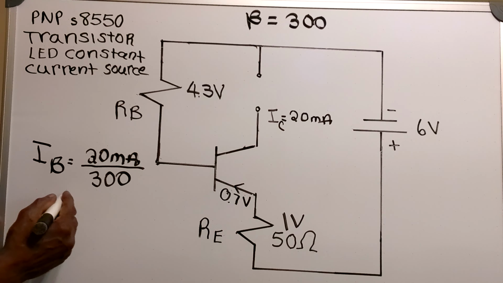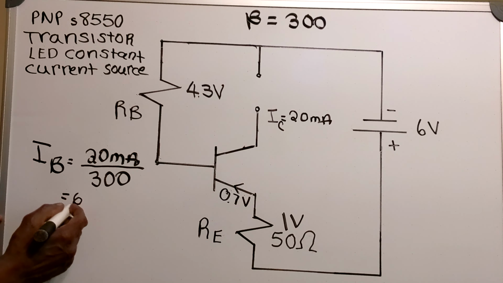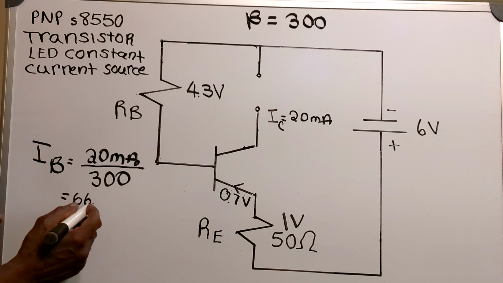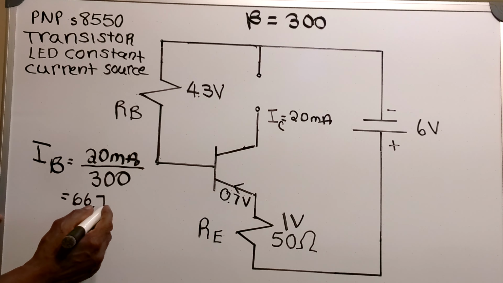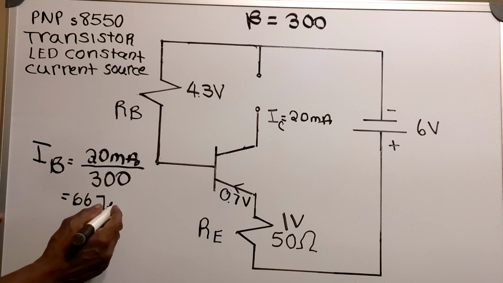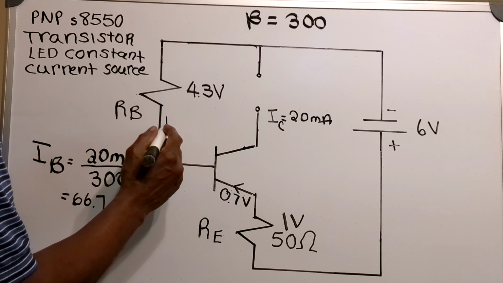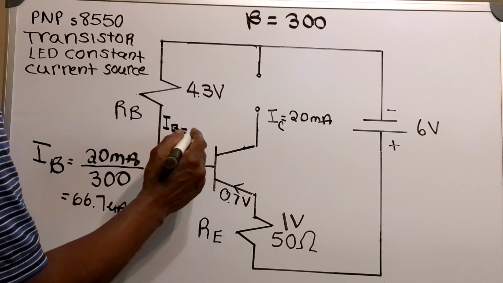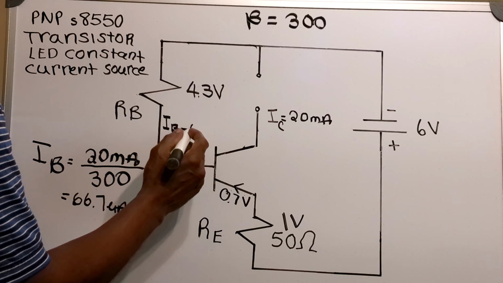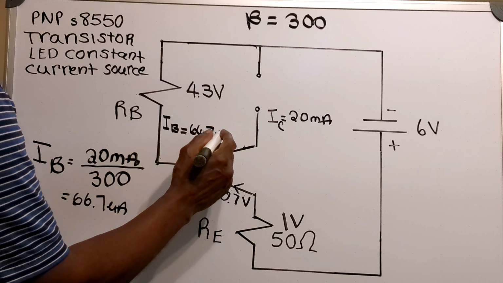That gives me a base current of 66.7 microamps. IB equals 66.7 microamps.